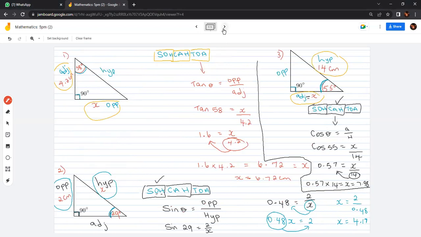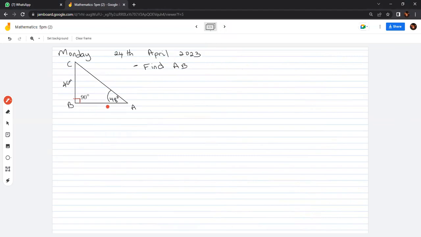So if you're given a question like this one, and they asked us to find AB, your first step is to determine your rule. Determine which of the two rules, as it's a right angle triangle, that you're going to use.